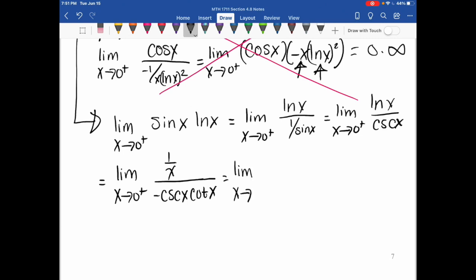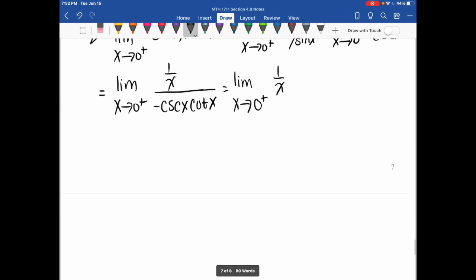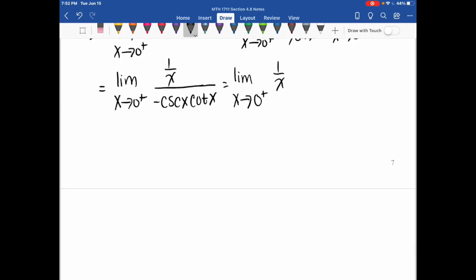We can try to rearrange this to make it a little less complicated by using our trig identities. I know that cosecant is the reciprocal of sine, and I know that cotangent is cosine over sine. So a little scratch work off here to the side.